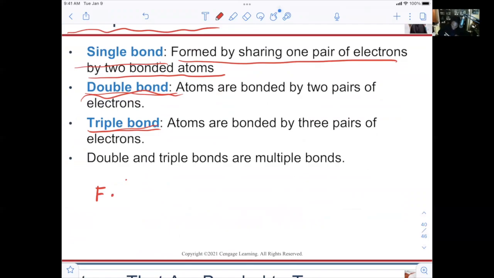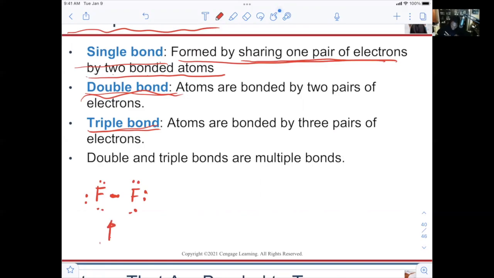Like we mentioned earlier, fluorine in group 7 is surrounded by 7 electrons. Each fluorine then shares the unpaired electron to form the bond. This is considered a single bond, sharing of one pair of electrons by two bonded atoms.